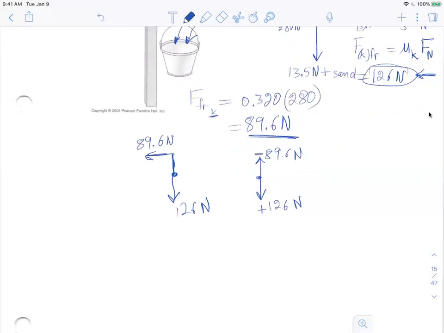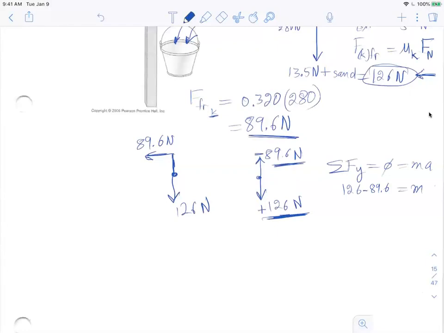And you can say, well, when the sum of all forces in the y direction was 0, there was no movement. Mass times acceleration had no meaning because there was no movement. But now there is a force, 126 minus 89.6, because this is pulling down harder than this is pulling up.